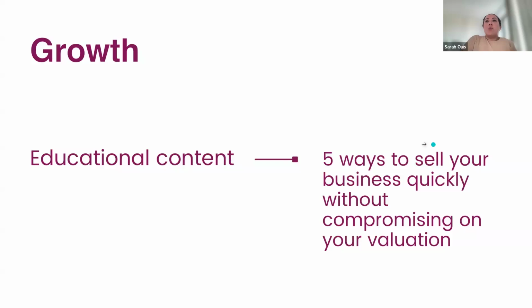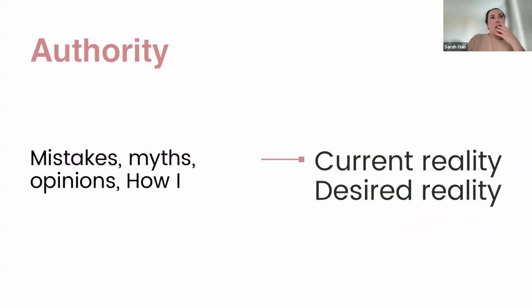We talk about selling a business, which is the money element, without the pain or without losing money, compromising on your valuation. So we are really far away from legal updates and articles, right? It's all about giving our founders some quick wins and some things to consider if they want to sell their business quickly, and on top of that, minus the downside of compromising on valuation. So that's an example of what I call growth/educational content. That's the first category of content that you can post within your micro niche.